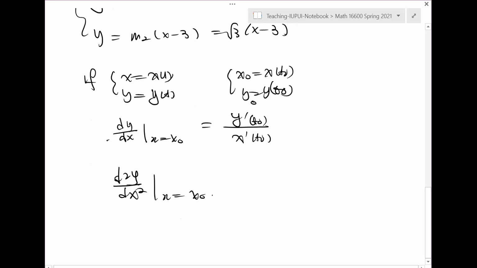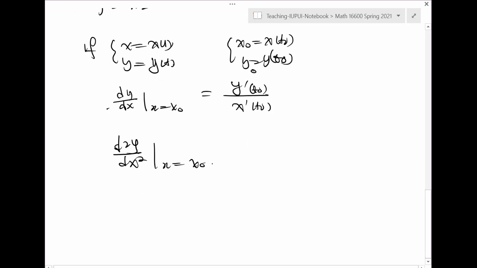In some cases, y depends on x, so you can find the rate of change in y with respect to x. Since you cannot express y as a function of x directly, explicitly, you still have to use the functions x of t, y of t to find the second derivative.